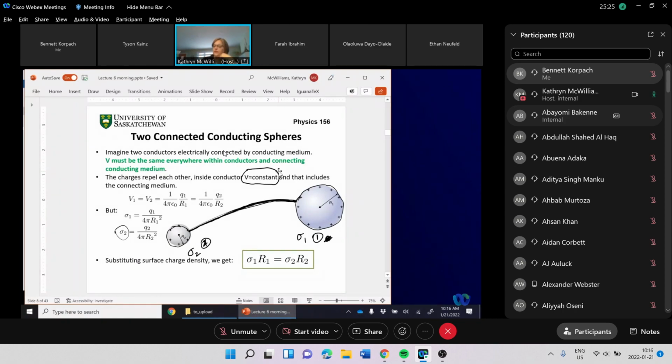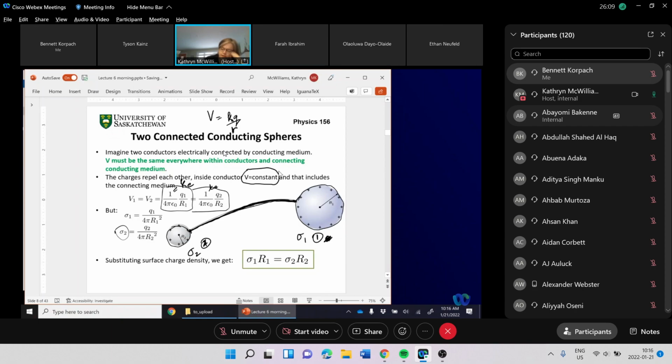So if the potential is constant for each object, we know that just outside the surface, the potential, where 1/4π epsilon is equal to K, the potential of a sphere is KQ over R in general. So just outside this sphere, right where the wire connects to it, I've got my twos and ones backwards, we've got KQ2 over R2.